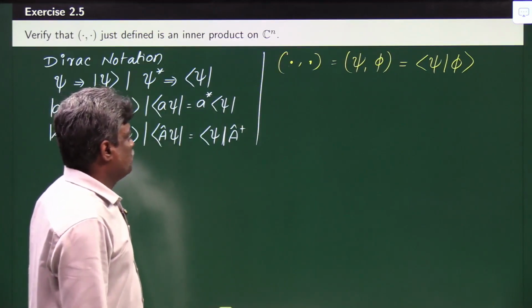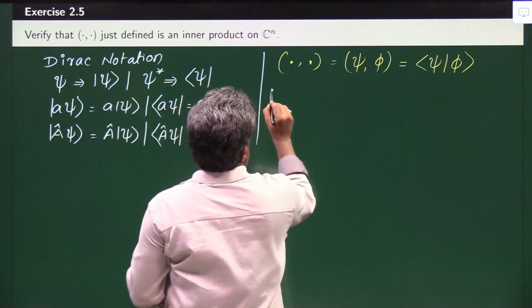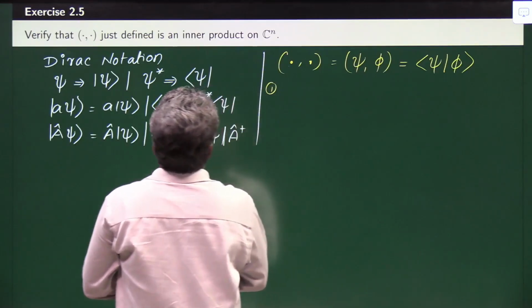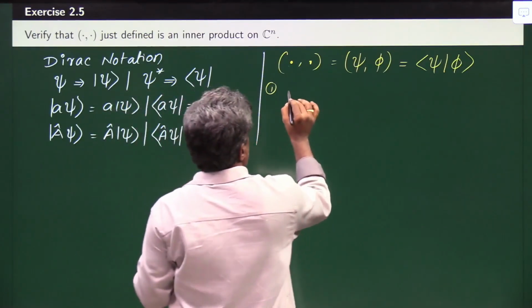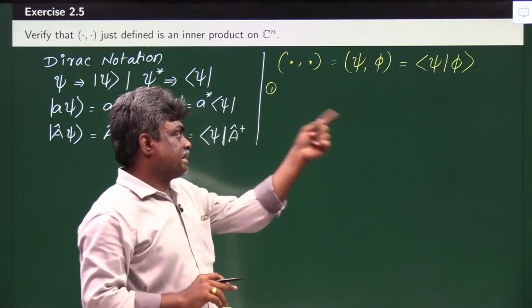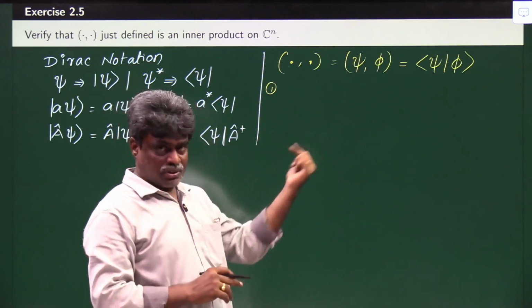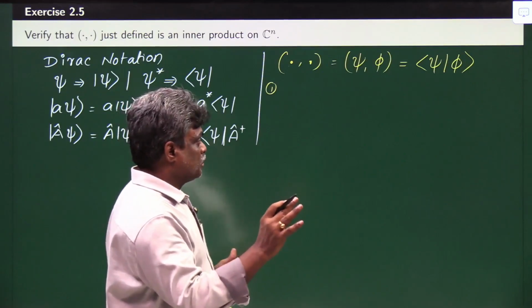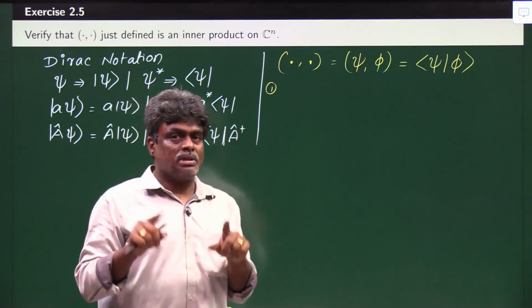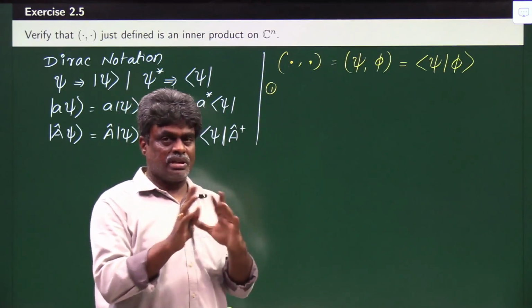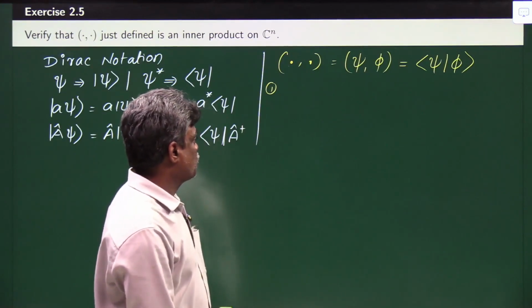Now this inner product has a few things to verify. That is, it is linear in the second argument and conjugate linear in the first argument. And the next one is that the norm is always positive. So these are the three conditions we have to verify.